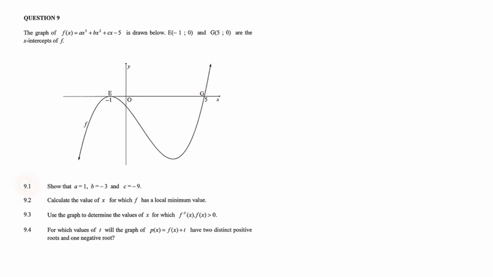9.1. Show that a is equal to 1, b is negative 3, and c is negative 9. So I have f(x) is equal to ax cubed plus bx squared plus cx minus 5.